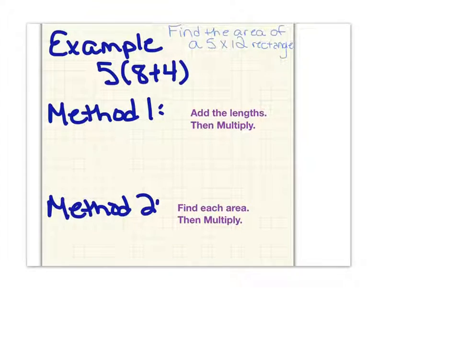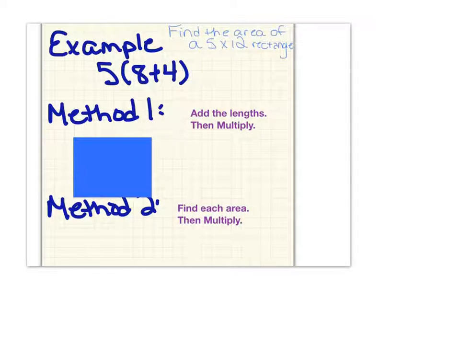Okay, I'm going to draw a rectangle that is 5 by 12. First, I'm going to draw a smaller rectangle. That's the first rectangle, which is 5 by 8, and then I'm going to draw my second rectangle.